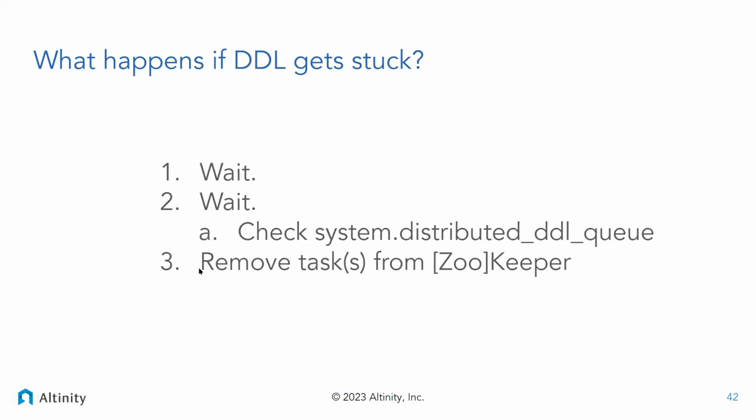If you do need to fix stuff, ClickHouse Zookeeper and Keeper have a CLI. You can go in and actually remove entries from the tree, which will effectively take the tasks away. But it's kind of messy. So the best thing is that hopefully ClickHouse has a lot of features in it designed to unstick itself automatically. This last step is sort of an act of desperation.